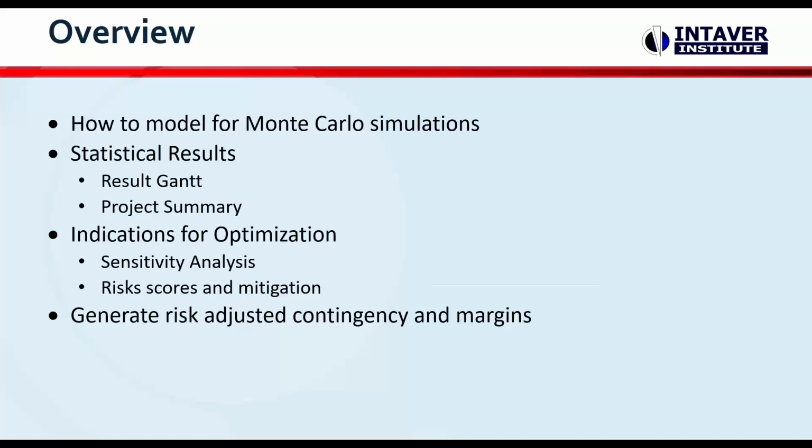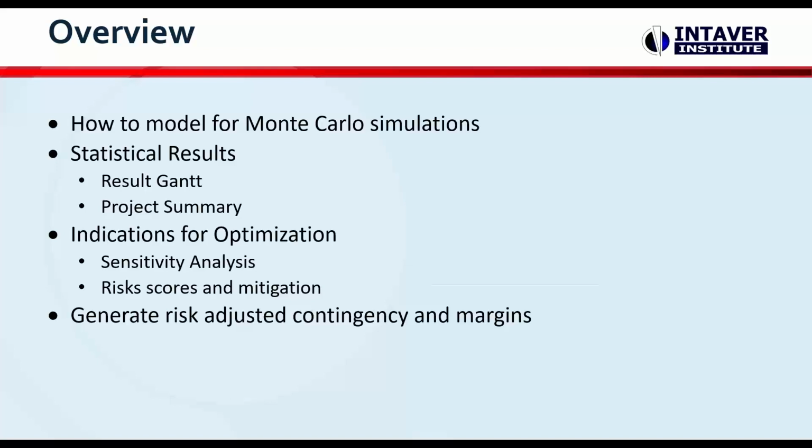So how much contingency and margin do you need to put in, based on the level of risk your project has, to protect your deliverable, either dates or budget? So we'll take a quick look at that, and like I said, maybe half an hour.